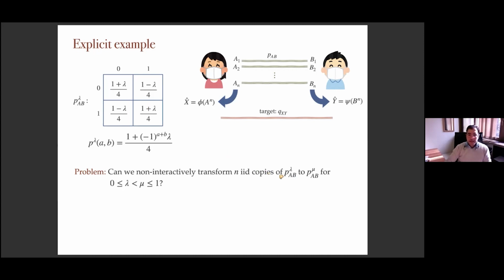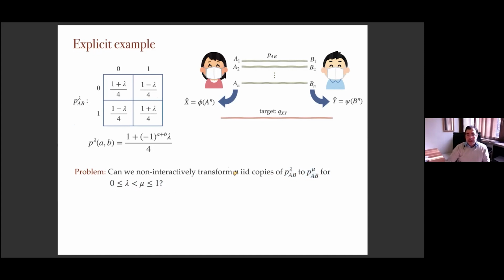Okay. So as I said, the larger lambda gives me a more correlated distribution. The question is, can I start with a source distribution with a smaller lambda and then transform it to a distribution with a larger parameter, which is denoted by mu? So lambda is less than mu.